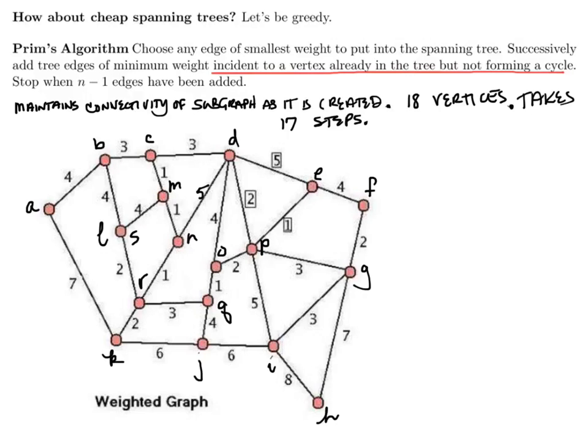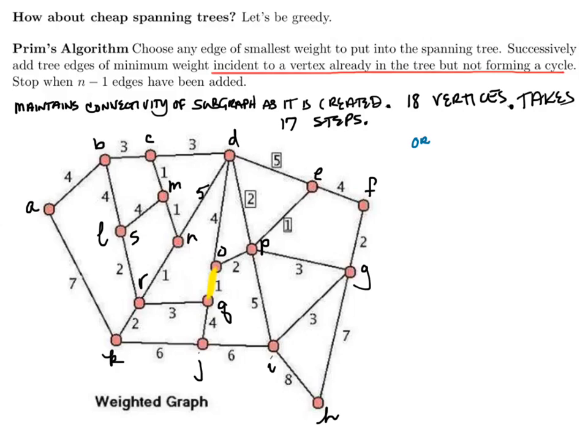I guess we need to label our vertices to make sure we can follow what's going on here. This graph has 18 vertices, so it's going to take us 17 steps. You'll notice the weights of the edges range from 1 to 8. That means we have a freedom of choice here to begin our construction with any edge of weight 1.